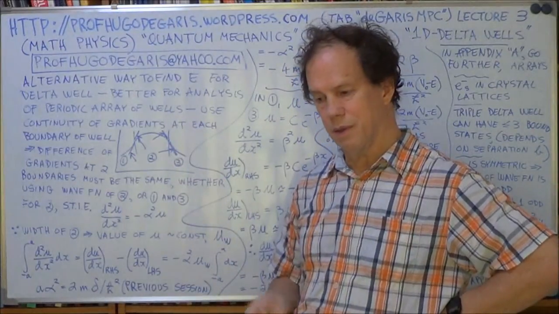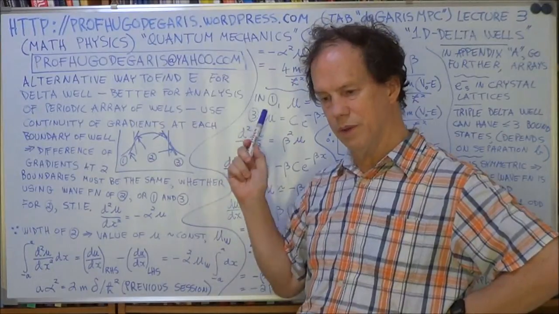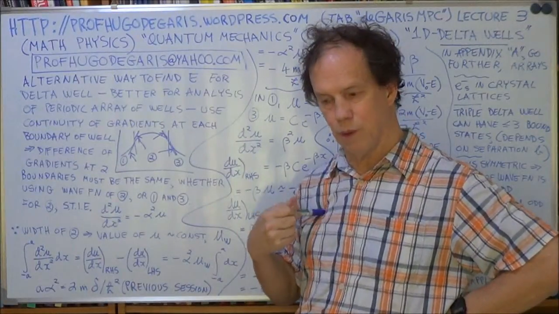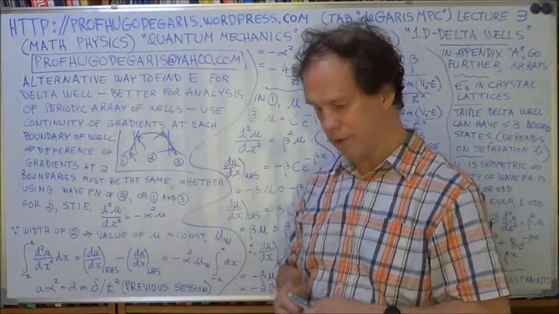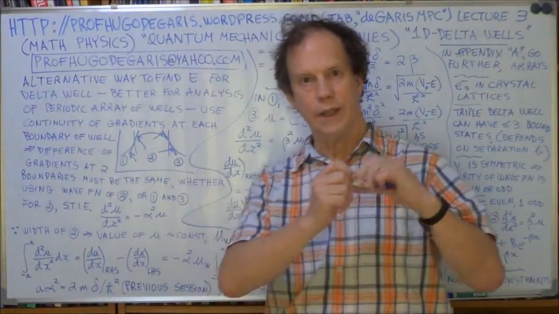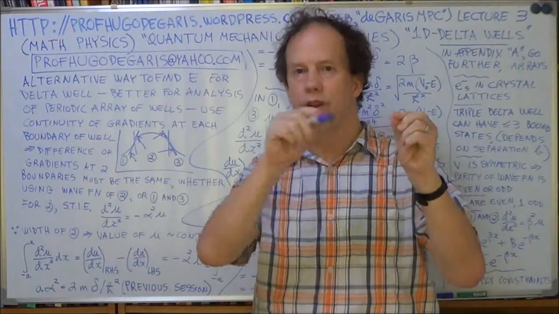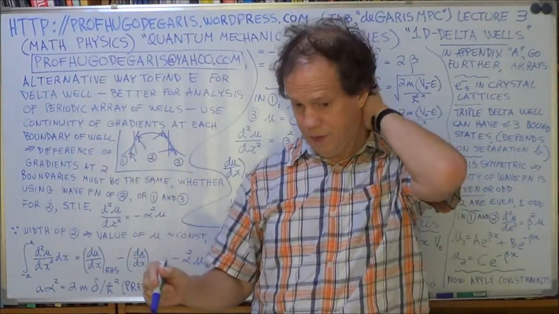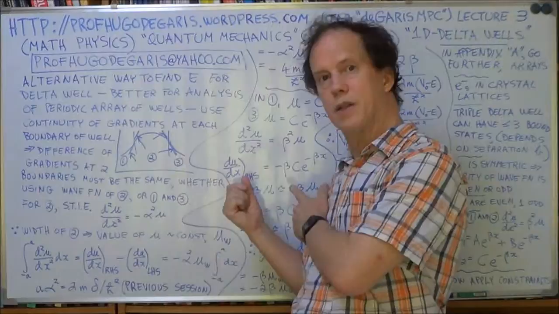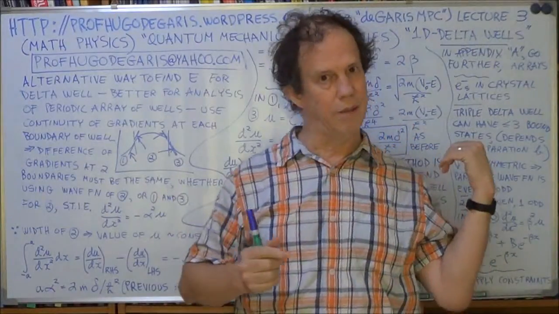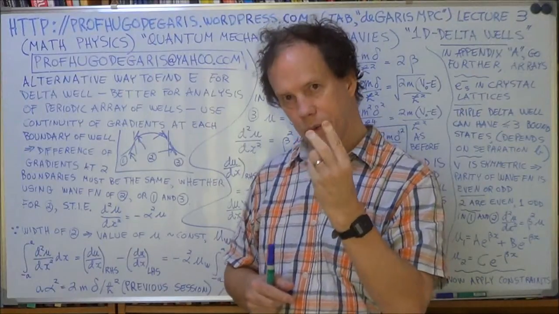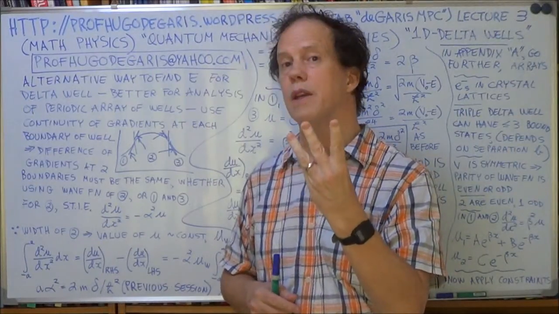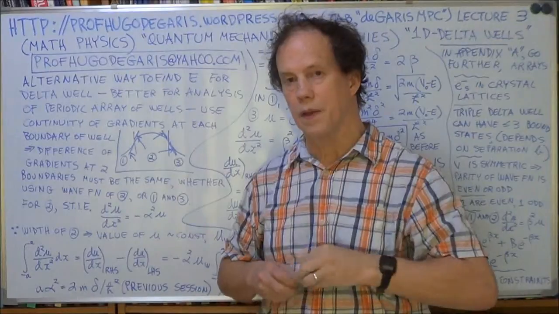So lecture 3 will not be followed immediately by lecture 4. Inserted will be this appendix on effectively an infinite array of delta wells. Now, in this session, because I've again run out of board, we will handle the quantum mechanics of 3 delta wells.